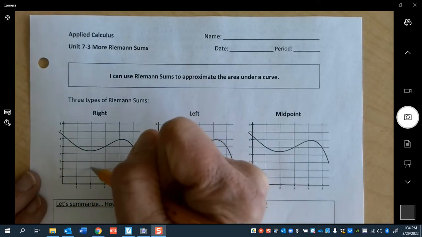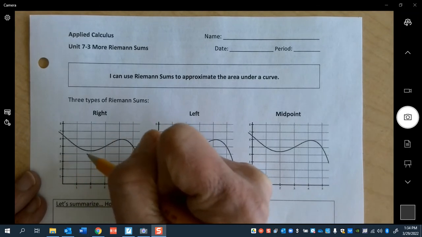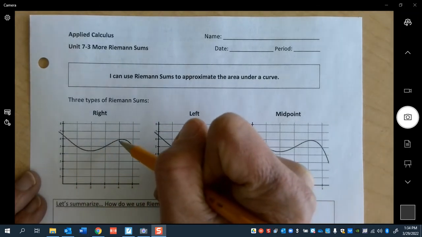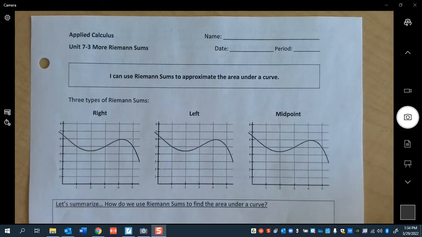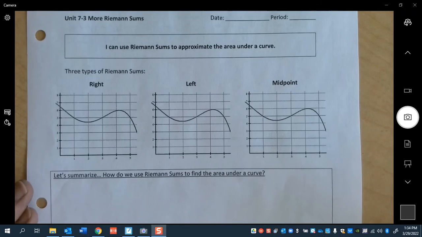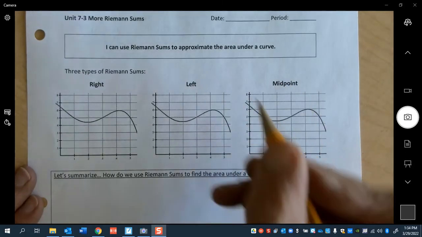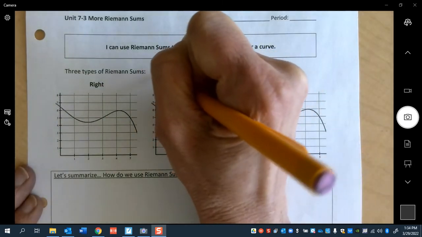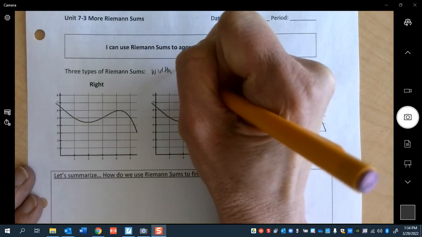If I do two rectangles, then maybe I get a little bit more, or three rectangles or four rectangles, but what we end up doing is talking about how many of those intervals we're going to denote.